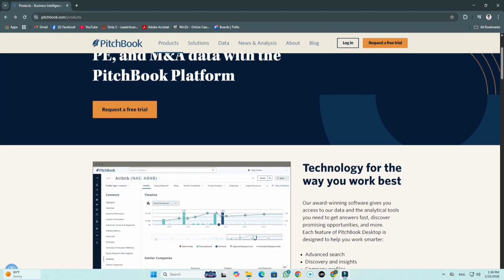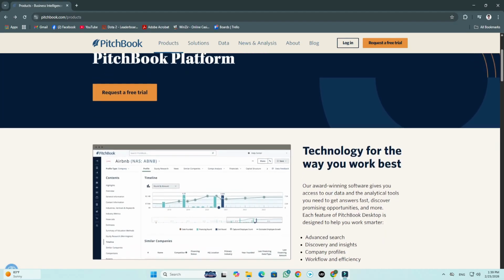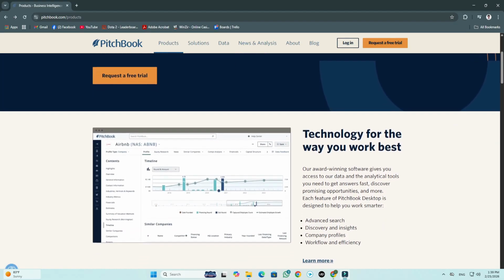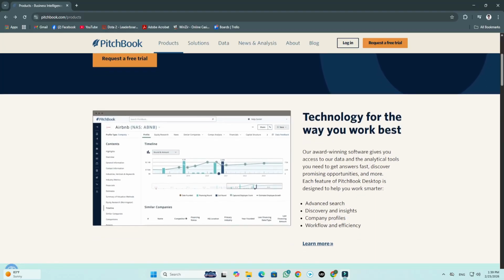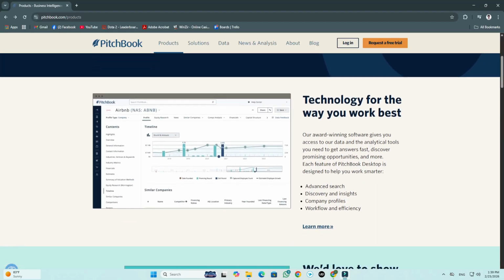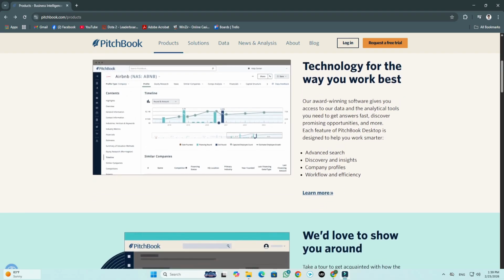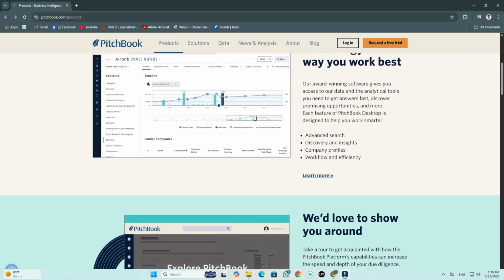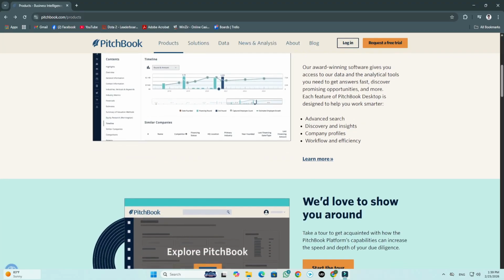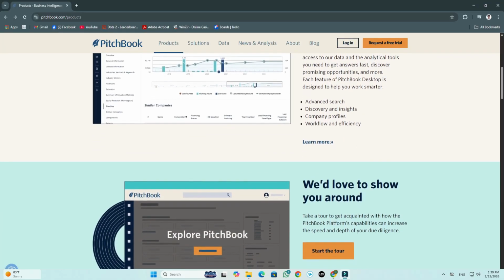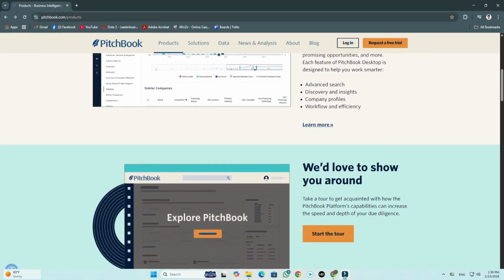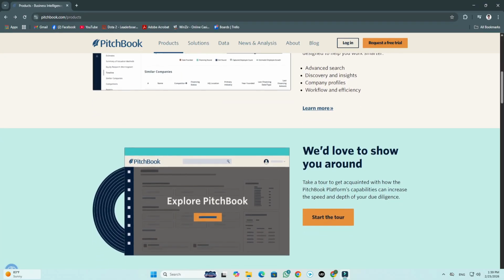PitchBook also offers insights into deal multiples, transaction timelines, and investor syndicates, critical data for benchmarking and negotiation. This allows deal makers to evaluate transaction activity in a specific market or vertical and benchmark deals for accurate pricing and strategy development.